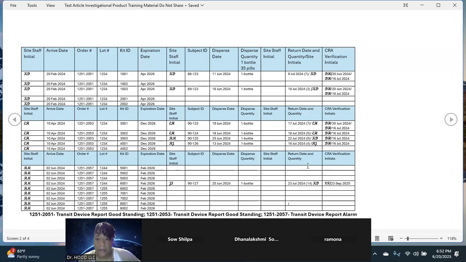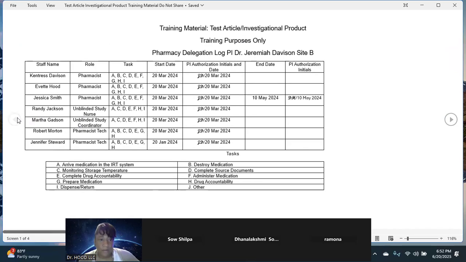So now we go back to the return. Now, has everybody returned the drug who can return the drug? So just jot down those initials right quick. That's KD, EH, and RJ. And then we're going to go back here. KD.